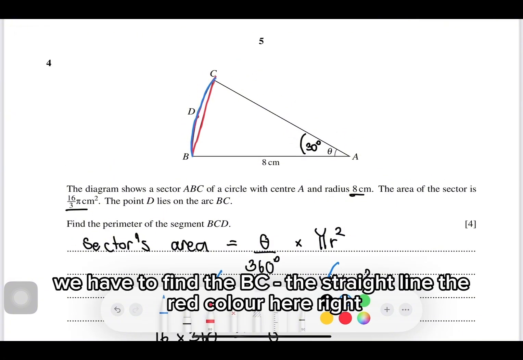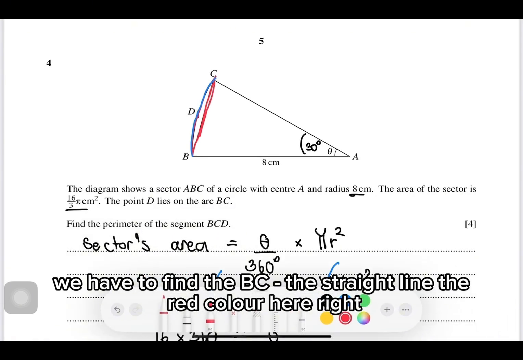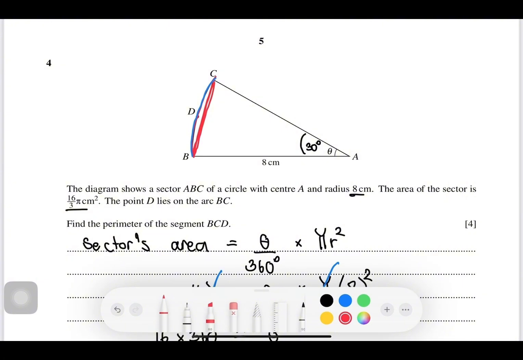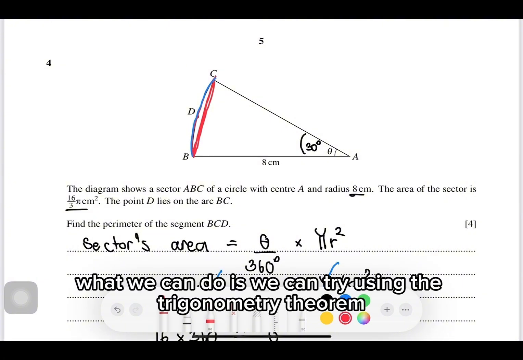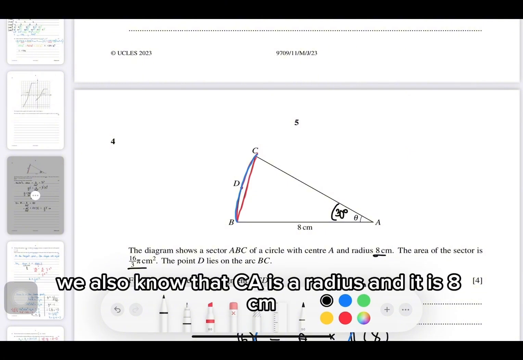We have to find the BC, the straight line, the red color here, right? What we can do is try using trigonometry. Now we know that BA is a radius, which is 8 centimeters. We also know that CA is a radius, and it is 8 centimeters.